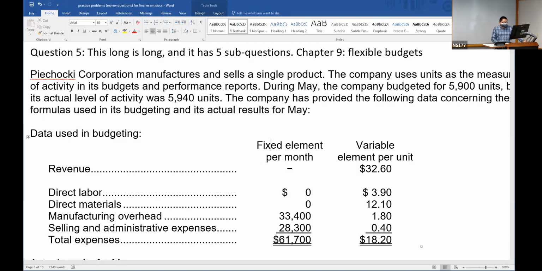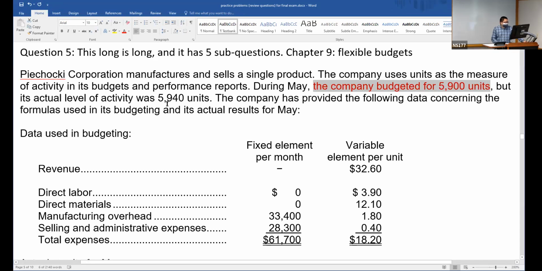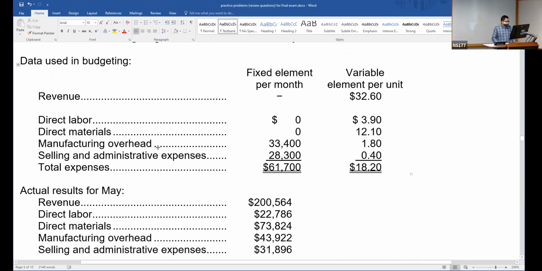In this question, the budgeted quantity is 5,600 units, but actually we produced 5,940 units. So our production level is higher than budgeted, and now we need to calculate the variances.